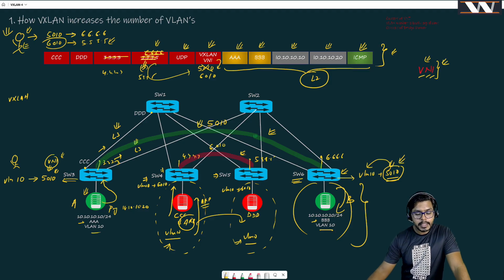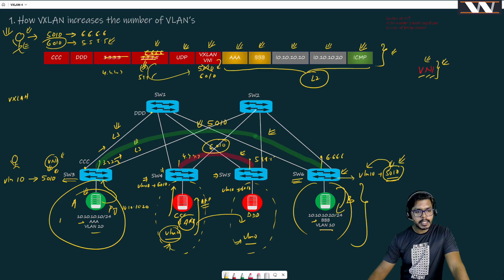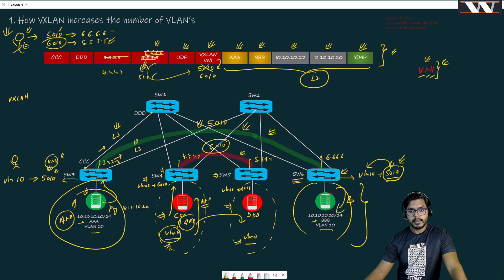Because VLAN is not identified by the VLAN 10, it is identified by the 6010. If this host A sends an ARP message, it will never come to switch 4 or switch 5 because we do not have 5010 VNI there. When we ask this intelligent guy, 5010 VNI is present at 6.6.6.6, and that is why the green tunnel, or the green link, right?